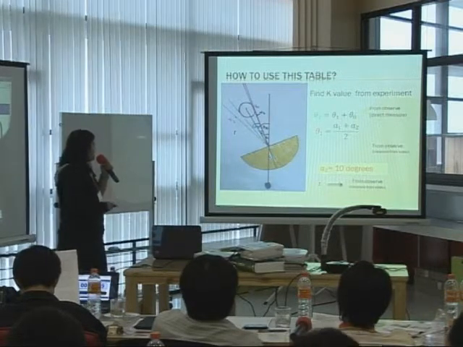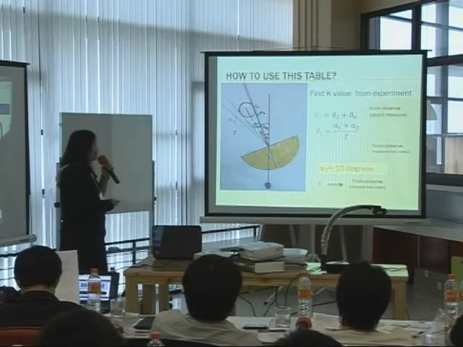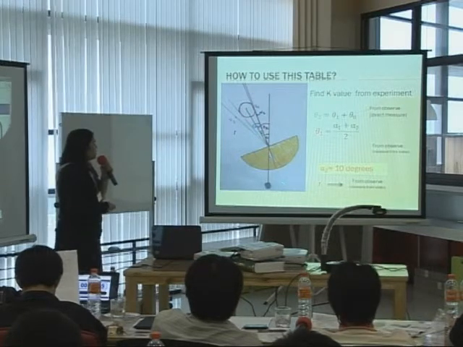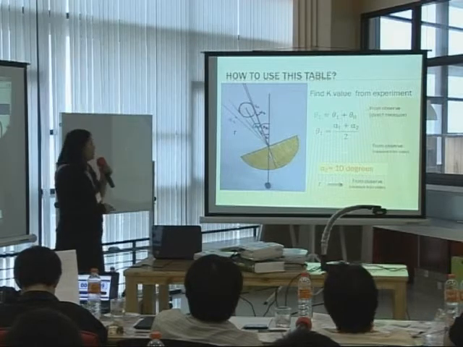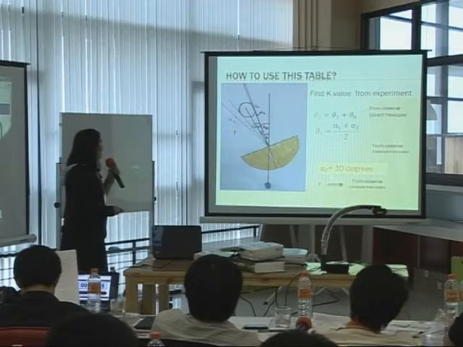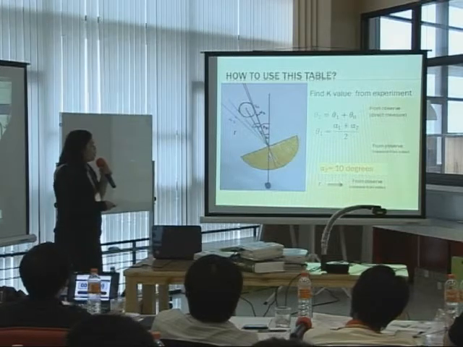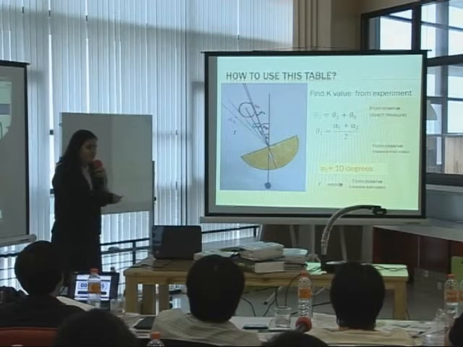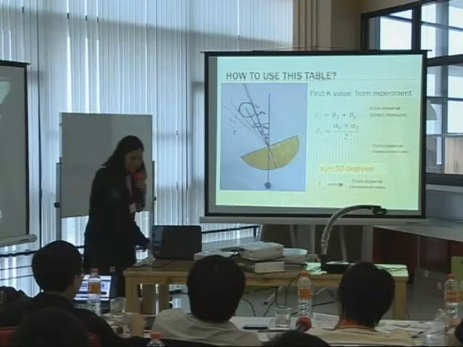And theta 1 is equal to alpha 1 plus alpha 2, where alpha 1 is mostly equal to zero, then I divide by 2 to get theta 1. And the alpha 2, sorry, this is wrong. If we know the value of alpha 2, we will put it back and look at the table, and we will find the value of k, which I will calculate at the end to show you.